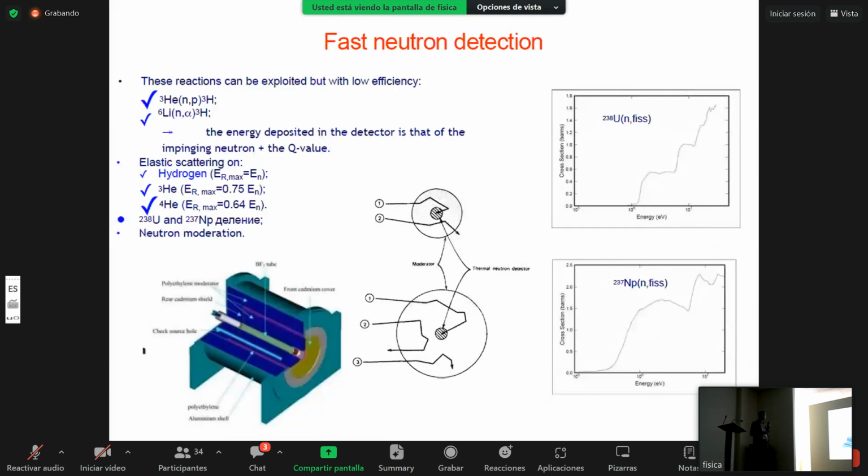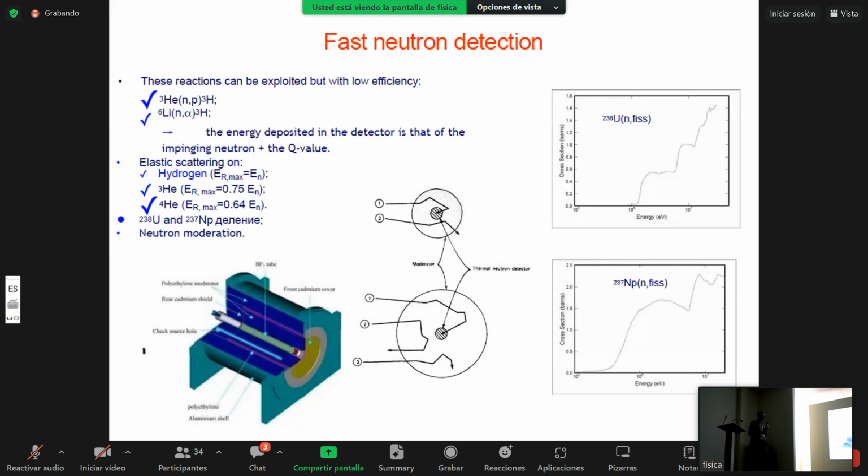And I think for today this will be my last slide. Here I would like to say that detecting fast neutrons is a more complicated task. For thermal neutrons you have a solid value of cross section and a well-known material; the neutron interacts and gives you the signal.